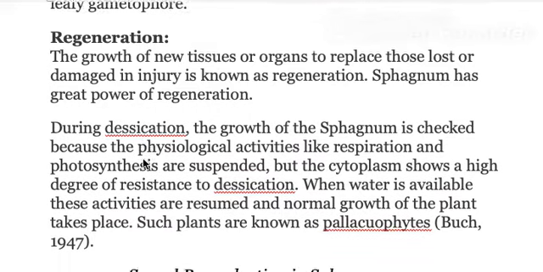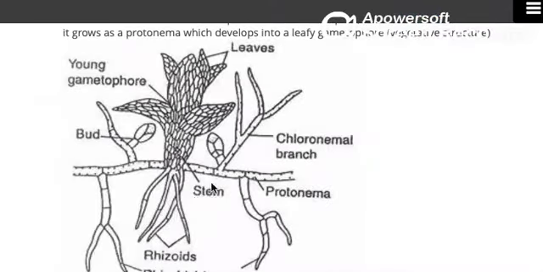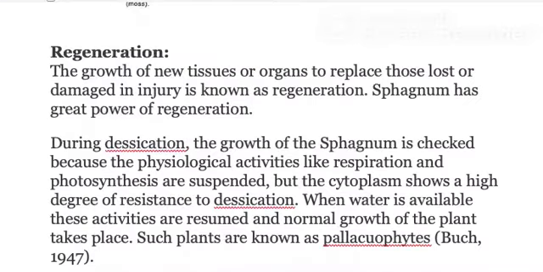So then we go on to the third type of vegetative reproduction, which is known as regeneration.